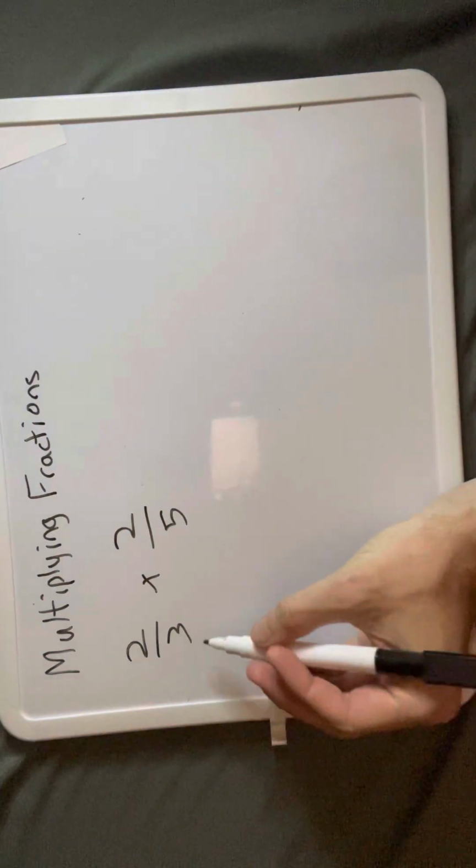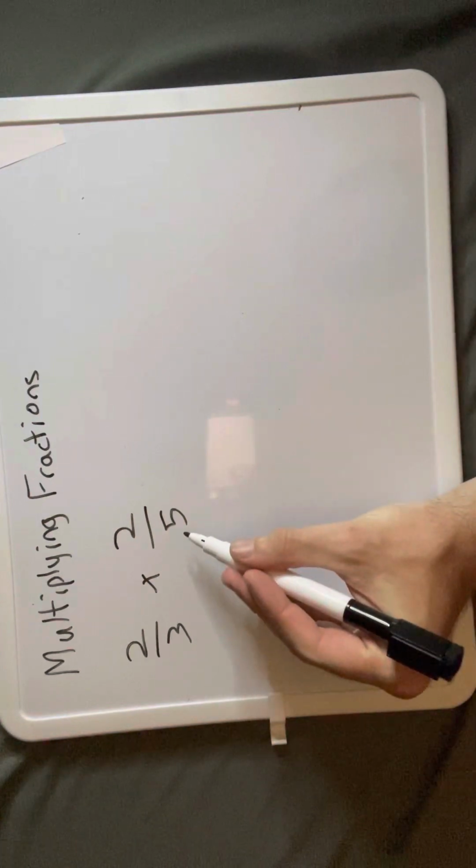Now, in subtracting or adding fractions, sometimes we'd like to find a like denominator, or sometimes we'd need to regroup a whole number. But in this case, it's so much simpler. All we have to do is cross multiply.